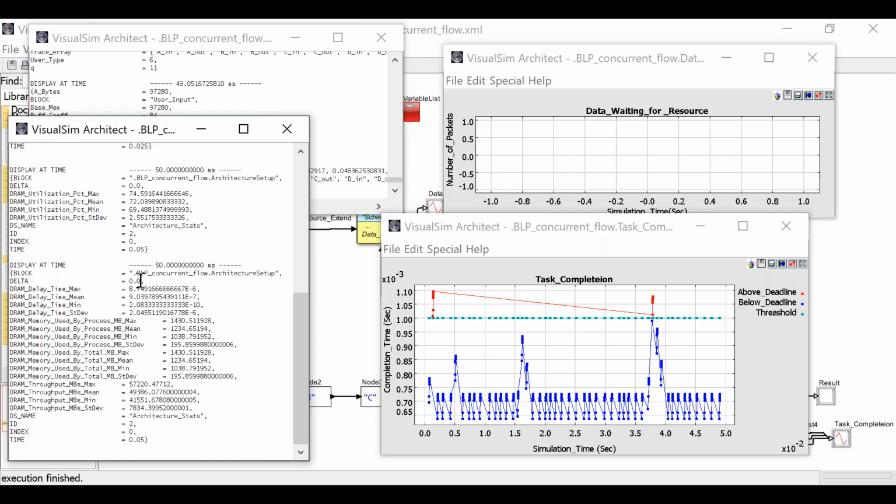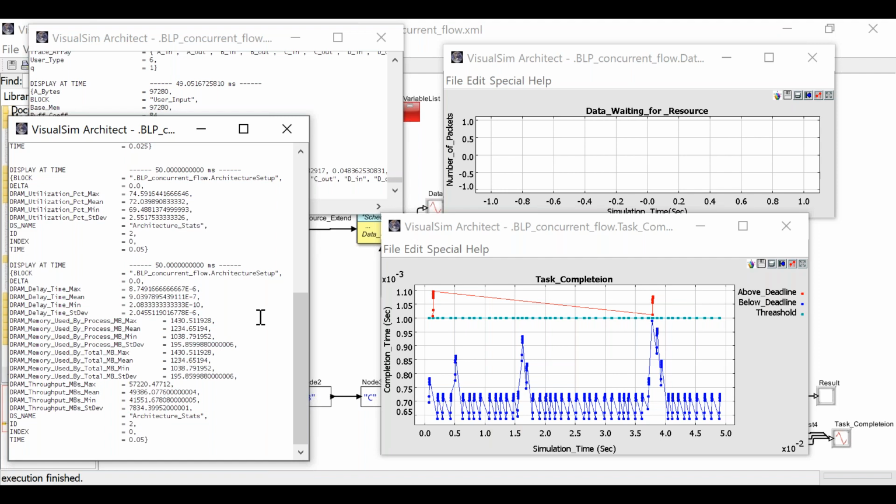So what's the average delay through the design? And then how much memory is used. So in this case, we can see we're at a peak of about 1.5 gigabytes of data that we're actually using in this thing. So you can also see what the effective throughput was, which is about 5 gigabytes per second for this particular design as I'm running it.